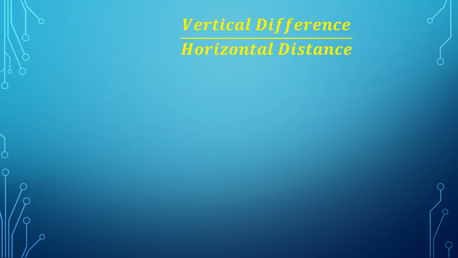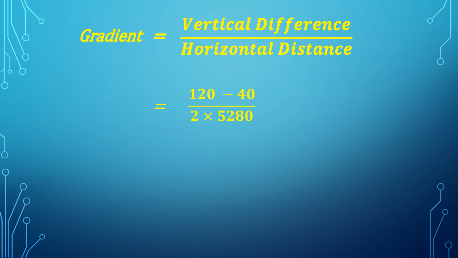So students, let us now assume that point R and point S are still 120 and 40 feet respectively, but the horizontal distance between them is 2 miles. So the fact that both point R and point S are in feet, but we now have the horizontal distance in miles, means therefore we're going to have to convert the horizontal distance of 2 miles into feet.